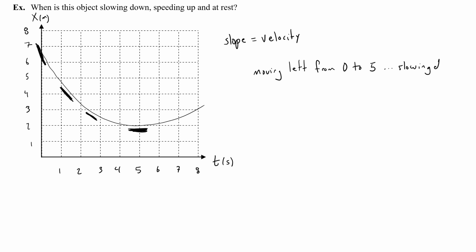After 5 seconds, we begin to have positive velocities that increase. So the positive velocities tell you that you move right. So moving right from 5 to 8 seconds. And the fact that the steepness is increasing means that the object is speeding up.